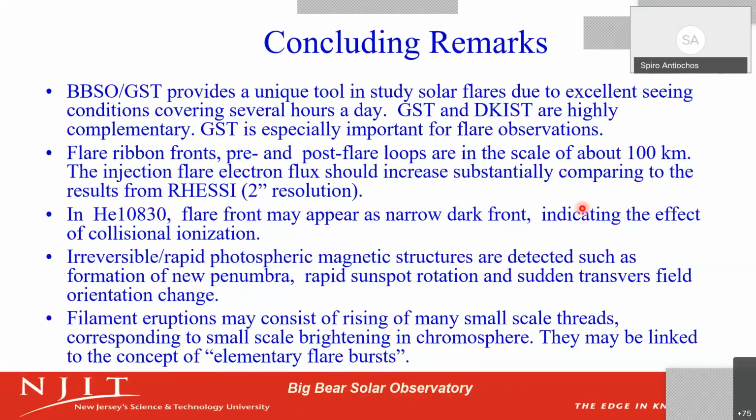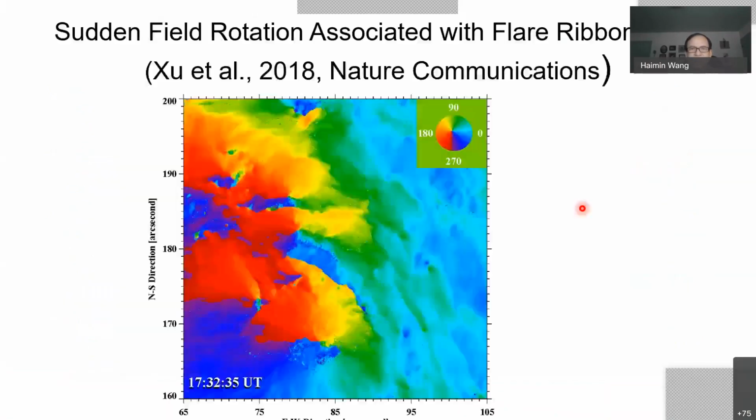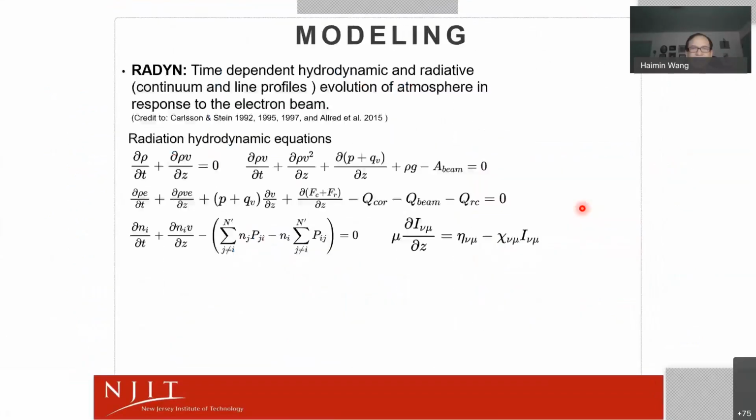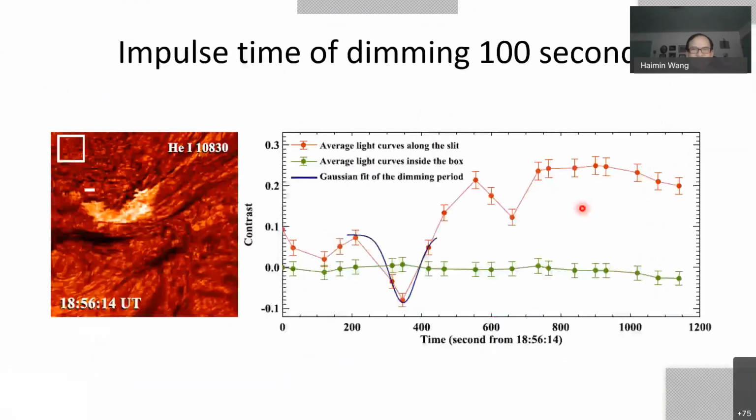This is Spiro. When you say that the ribbon fronts and the flare loops are a scale of 100 kilometers, do you think that you've resolved the structures, or is that 100 kilometers just coming from the limits of GST? Our resolution, if I can show you this plot, let me see.